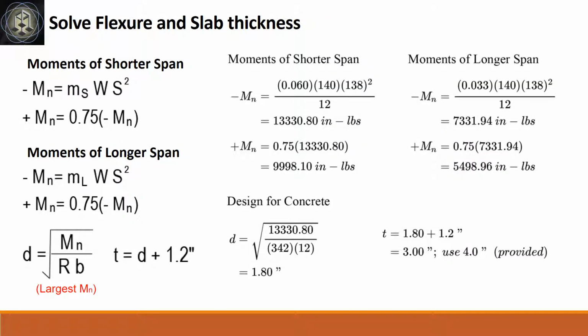With a total load of 140 pounds per foot, shorter span of 11 feet and 6 inches, moment coefficient at short span of 0.06 and 0.033 at long span, we get negative moment at shorter span of 13,330.8 inch-pounds, positive moment at 9,998.1 inch-pounds, negative moment at longer span of 7,331.94 inch-pounds, positive moment at 5,498.96 inch-pounds.